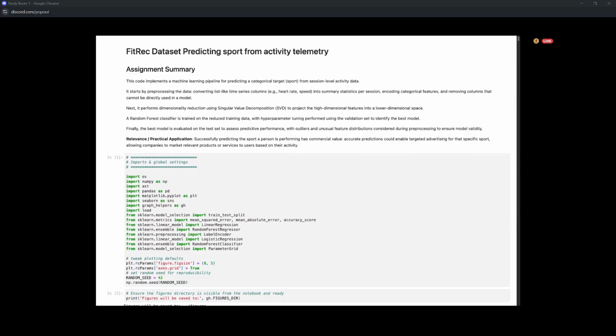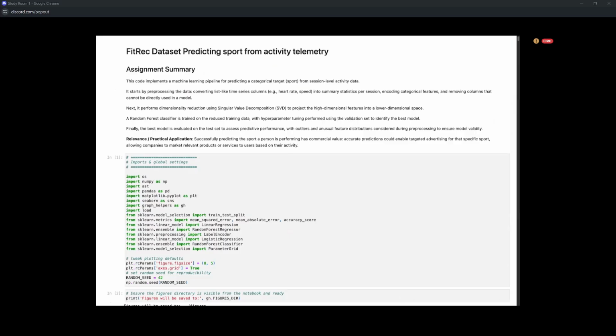It starts by pre-processing the data, converting list-like items into series and then into a statistical summary per session, like heart rate, speed, etc. Then encoding categorical features and removing columns that cannot be directly used in the model. Next, it performs dimensionality reduction using singular value decomposition to project a high dimensional feature into lower dimensional space.